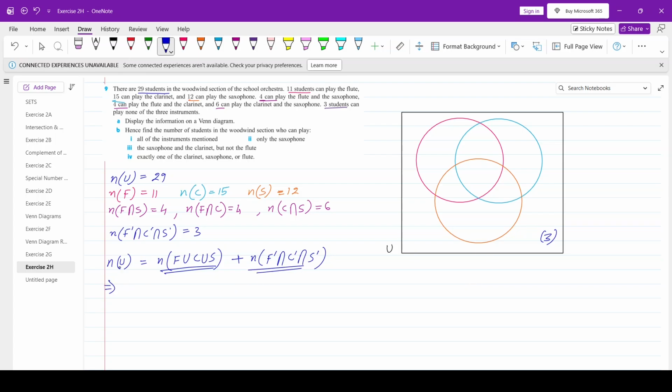So we know 29 is equal to this, which we have to calculate, plus this, which we already know, that is 3. So the number of students in the union set F union C union S is going to be 26.